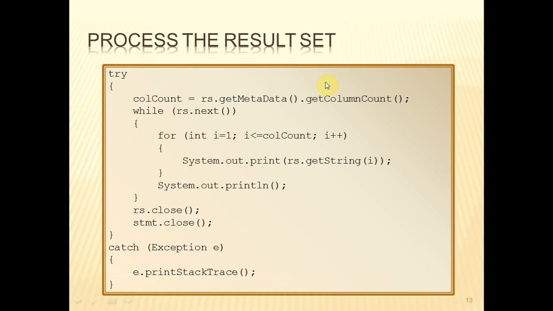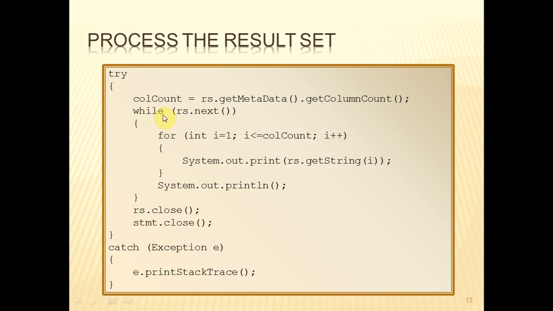But in this example, because we don't know how many columns there are, we're consulting the metadata to find out how many columns are in there, which we're storing here, so that a little bit later we'll be able to use it as part of that loop.